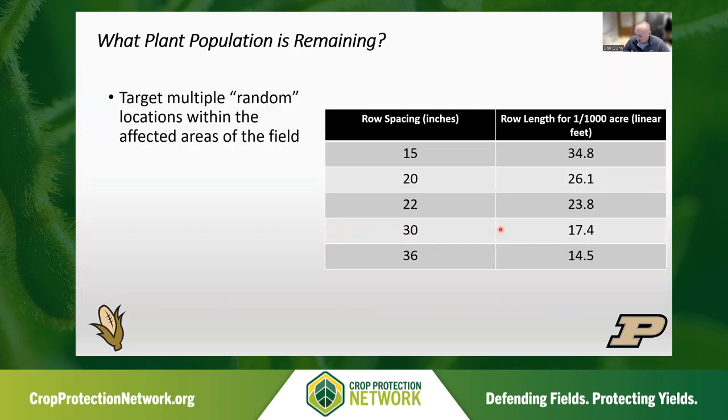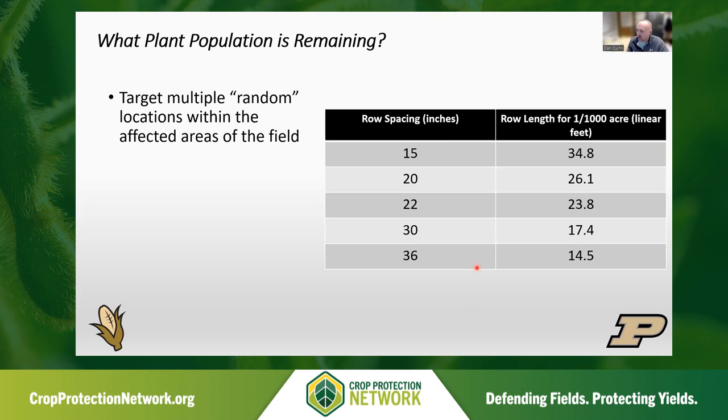When it comes to understanding what is left in that field, it's important to do stand counts. An easy way to do stand counts is to look at 1/1000th of an acre. You can get a pretty good estimate of what that population is, or how far off we are from the targeted seeding rate.